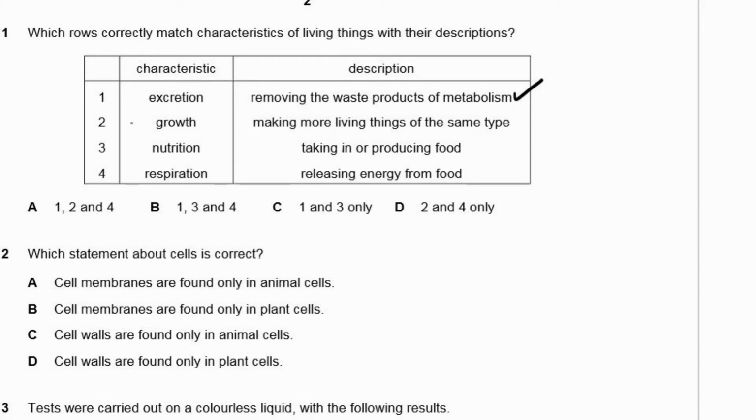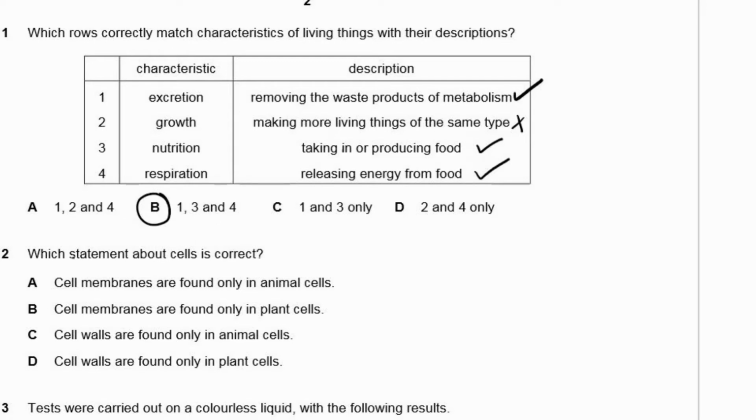Good. Characteristic 2. Is growth making more living things of the same type? No, that's reproduction. Characteristic 3, nutrition. Is that taking in or producing food? Yes. And respiration. Is that releasing energy from food? Yes. So the characteristics which match are 1, 3, and 4, and the answer there is B.